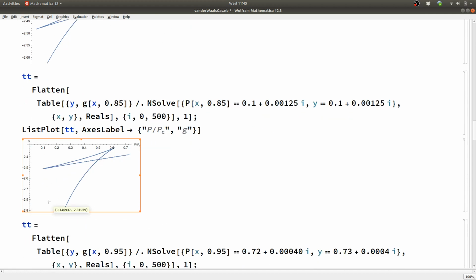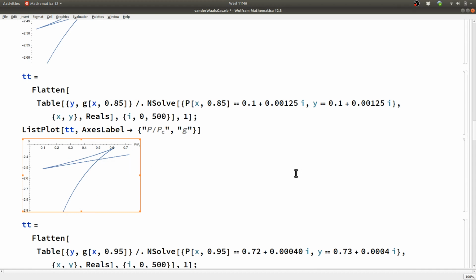So this region is around 0.5. The correct location for the tie line, according to this numerical solution, is around 0.5, P by PC equal to 0.5.